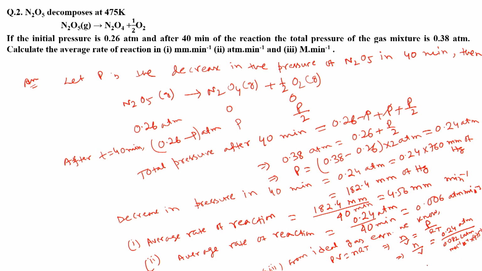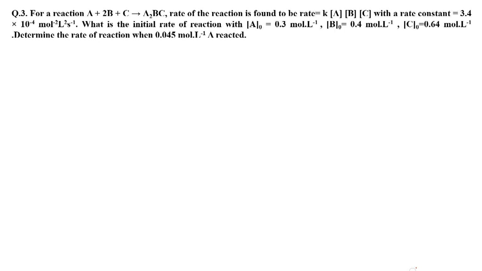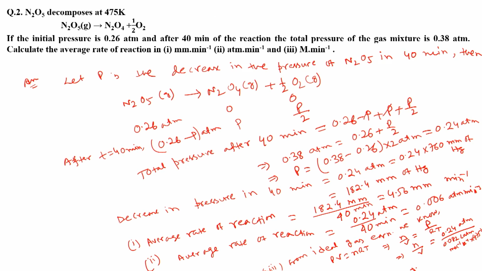So if we calculate this one, now you get moles per liter here. So the value of n by V you will get is 0.006 moles. This is the value of n by V. Okay, this is mole.